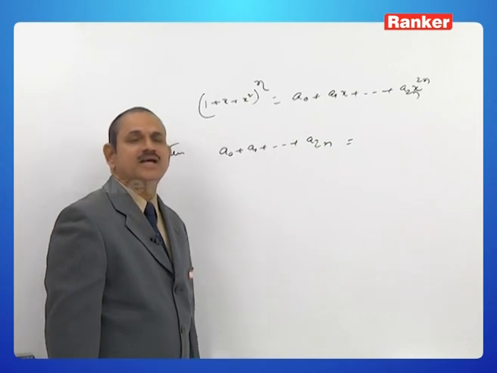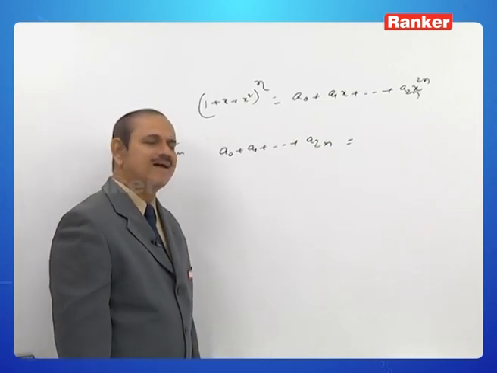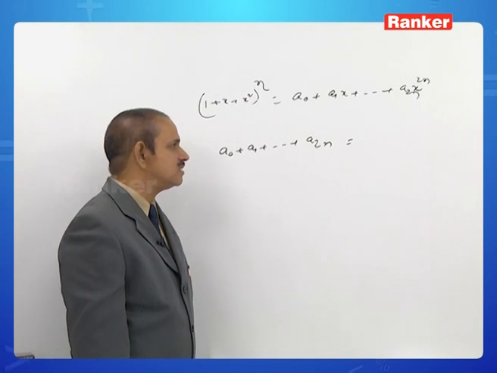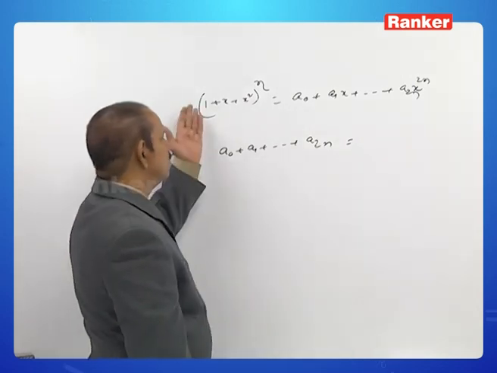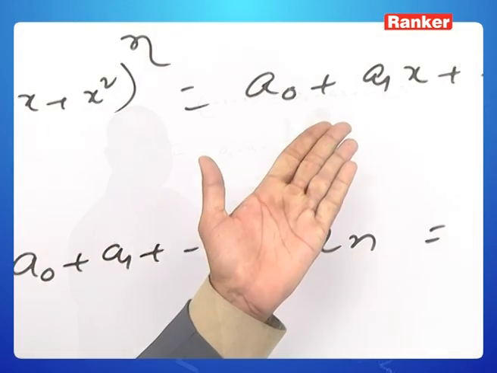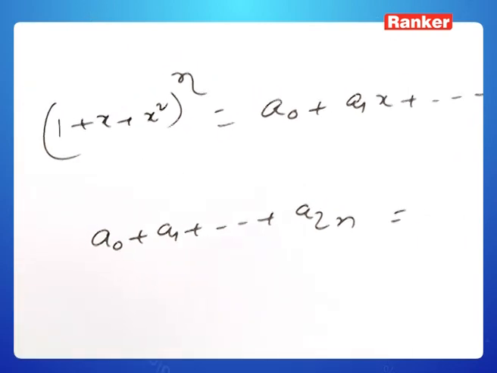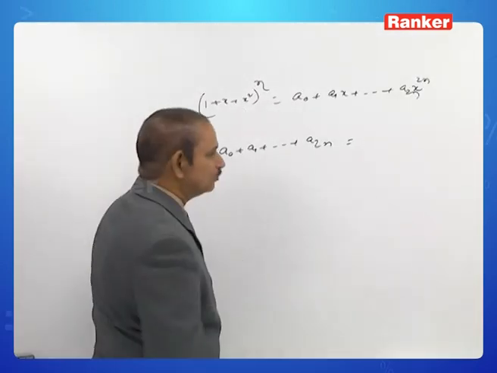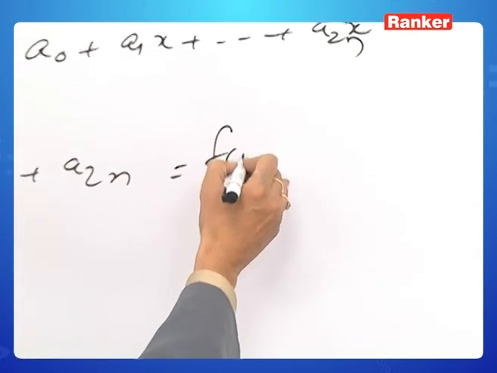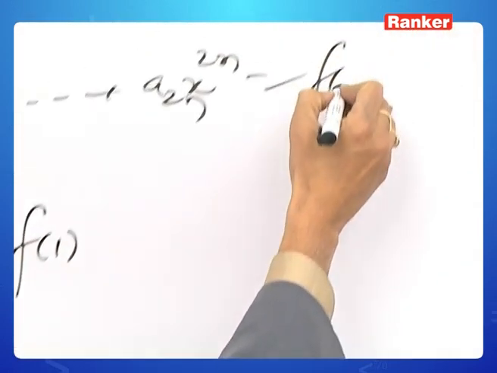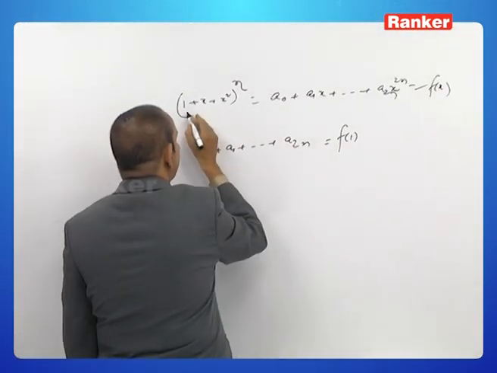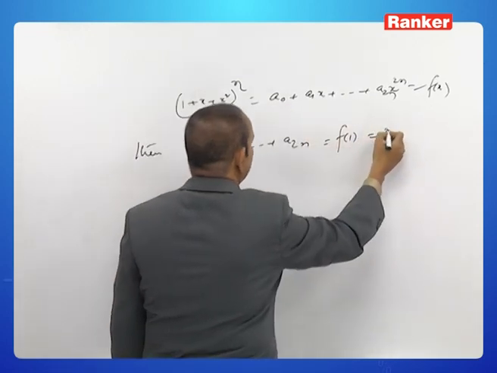Let us recollect the habit of obtaining such a sum of coefficients. If you consider this to be some f(x), the sum of all the coefficients is f(1), isn't it? What is f(1)? 1 + 1 + 1, 3 to the power n.